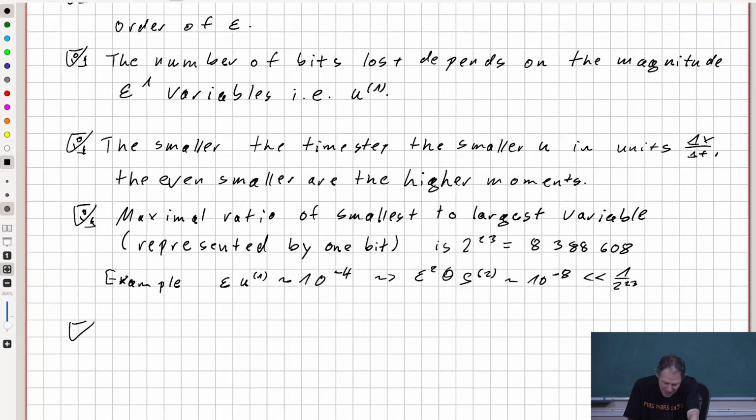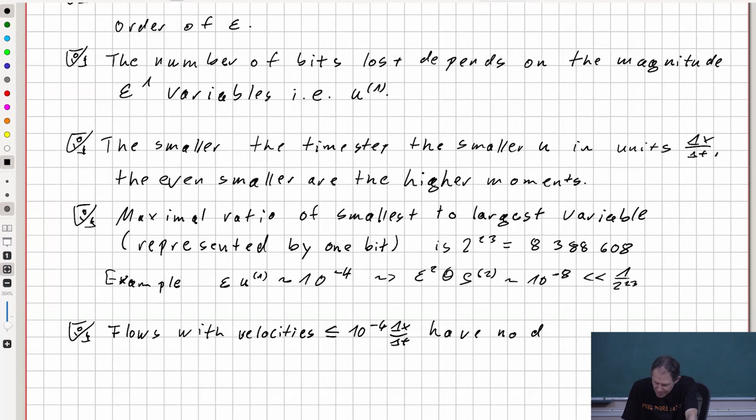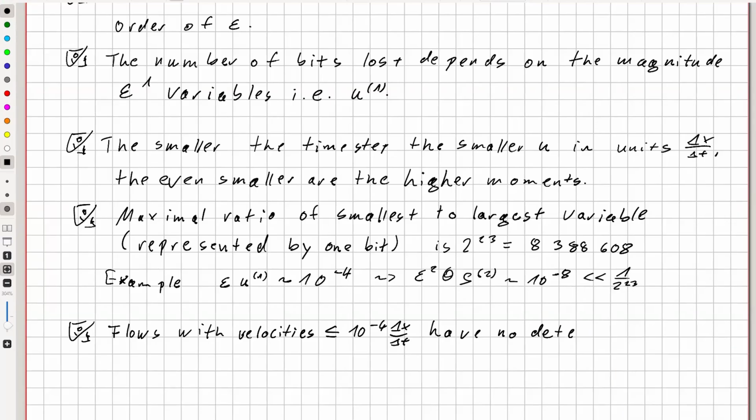And I mean this is not a theoretical thing. This is something that we actually observed. I mean the problem is kind of the following. So these flows delta x by delta t. Such flows have no detectable variation in pressure.